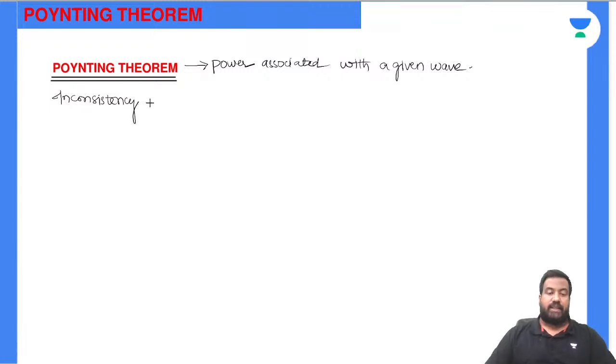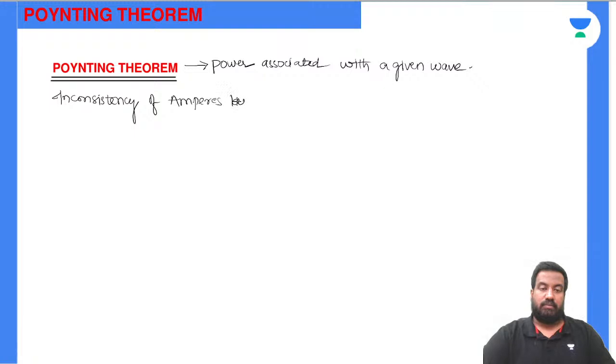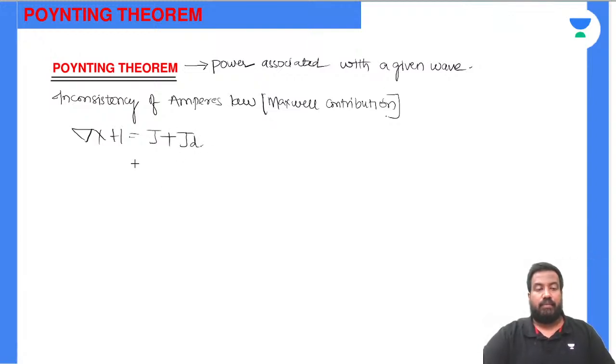From the inconsistency of Ampere's law, or from Maxwell's contribution, del cross H is equal to J plus JD, where J is the conduction current density, which is just sigma E and depends on the conductivity of the material.